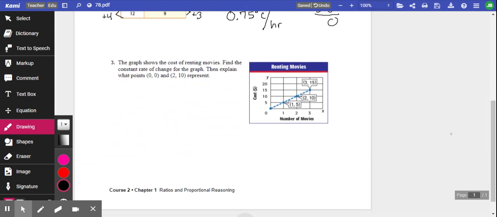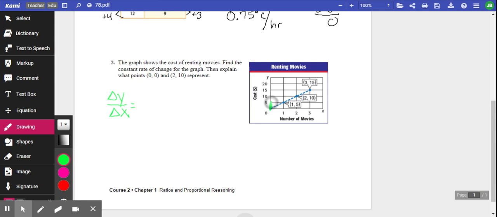Now the last example gives us a graph, and the graph shows the cost of renting movies. We want to find the constant rate of change for the graph and explain what these points mean. The constant rate of change is the amount of change vertically, so this would be our delta y, or change in y. And again, it's going to be over the change in x.